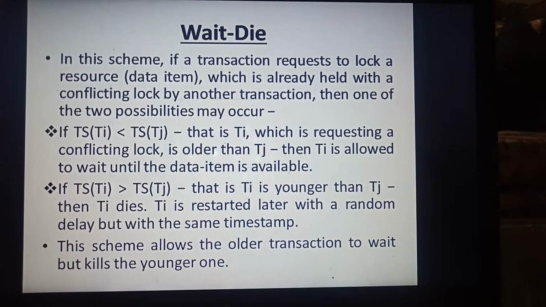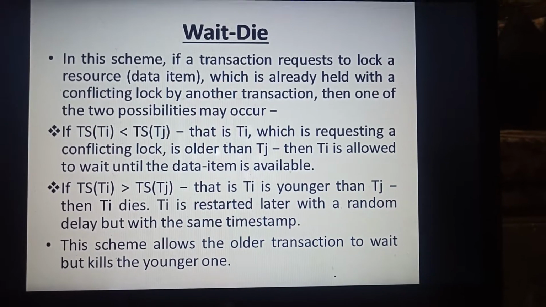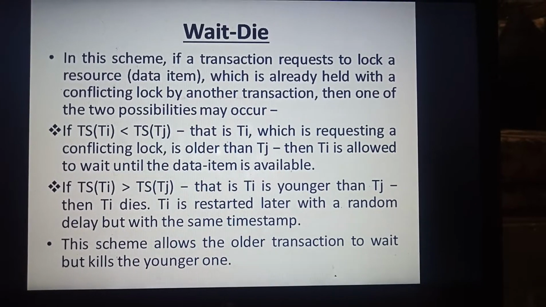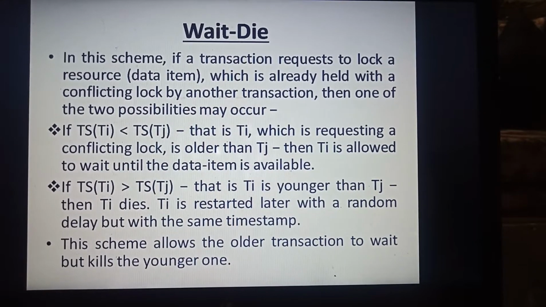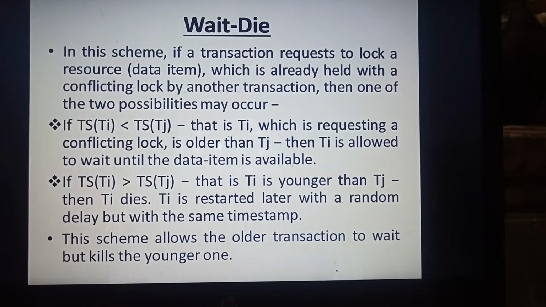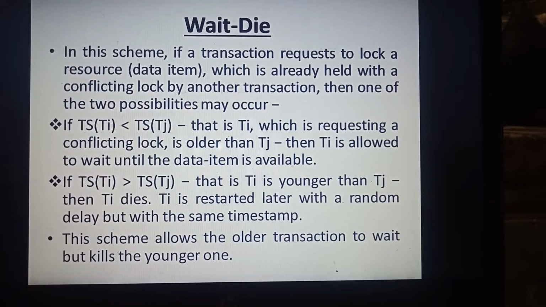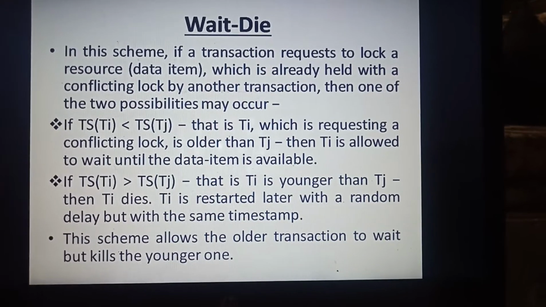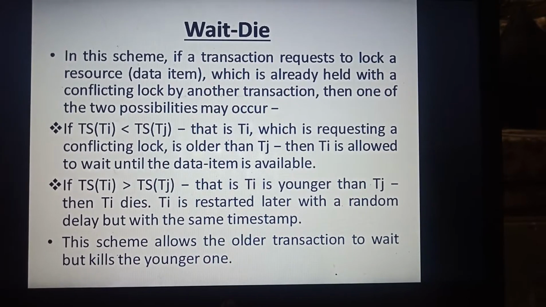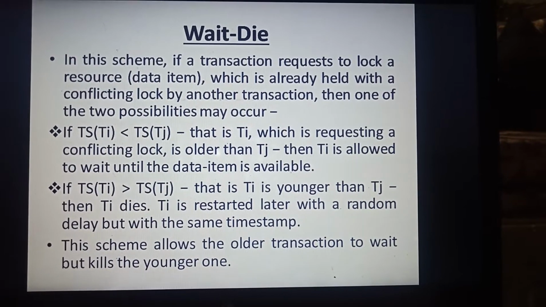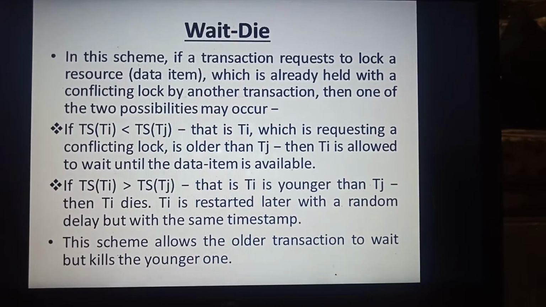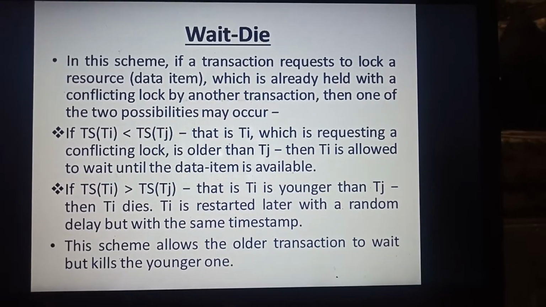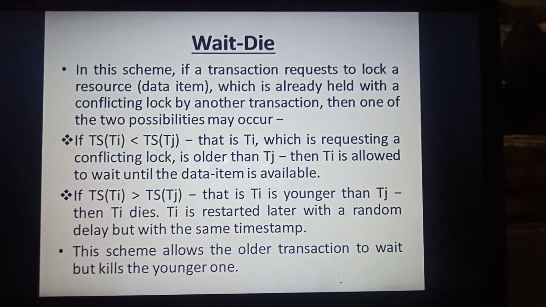That means Ti is a younger transaction. So if a younger transaction is requesting a conflicting lock, then Ti dies. Ti will be restarted later with a random delay but with the same timestamp. So this scheme allows the older transaction to wait but kills the younger one.